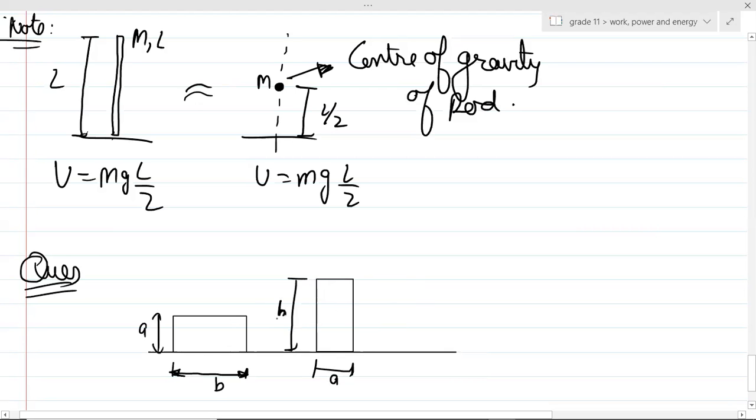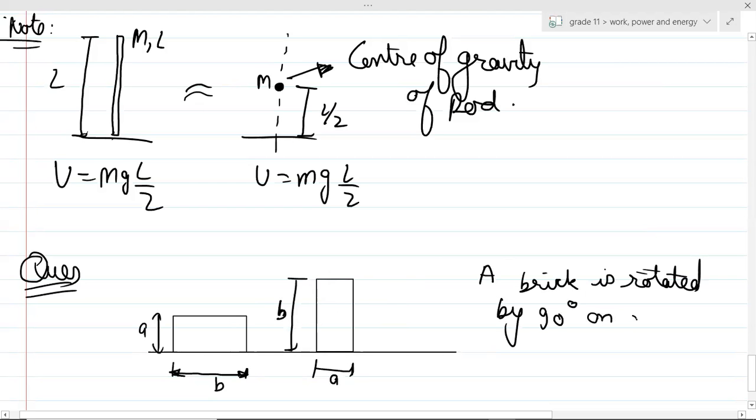Okay. So now the question is, the brick is rotated by 90 degree on a horizontal surface as shown.